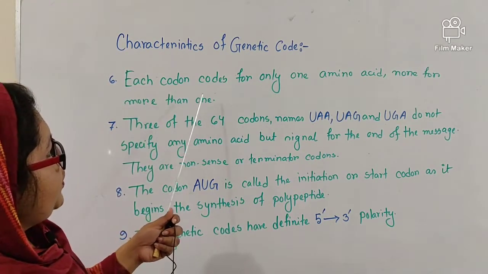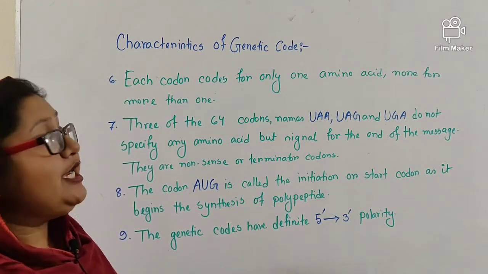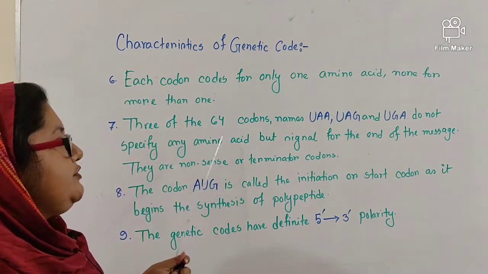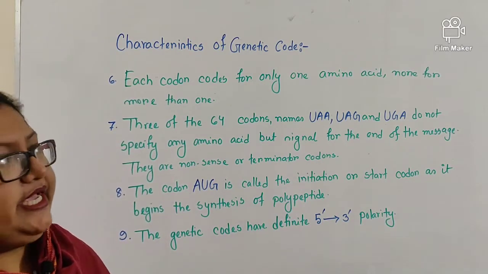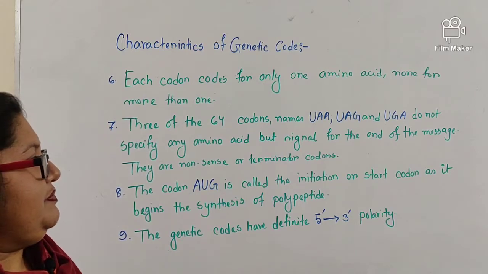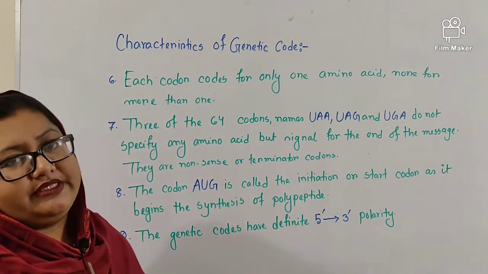Next, each code codes for only one amino acid, none for more than one. Three of the 64 codons, named UAA, UAG, UGA, do not specify any amino acid, but provide the signal for the end of the message.